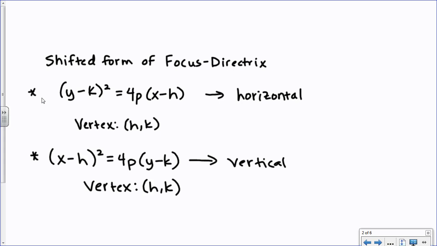Okay, again, if it's horizontal, the y term will be squared. If it's vertical, the x term will be squared. Your vertex is HK. So the x-coordinate of the vertex is always with x, no matter where x is. If x is over here on the right or the left. Okay? Your x-coordinate is always with x. The y-coordinate is always with y. It doesn't matter which one is squared.